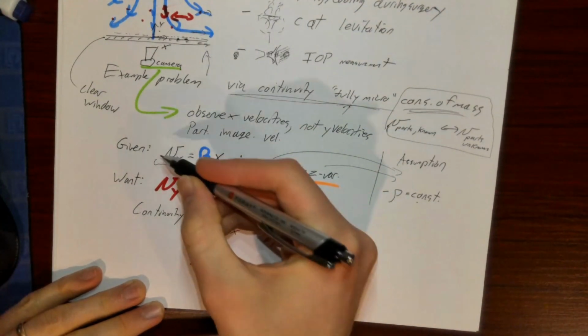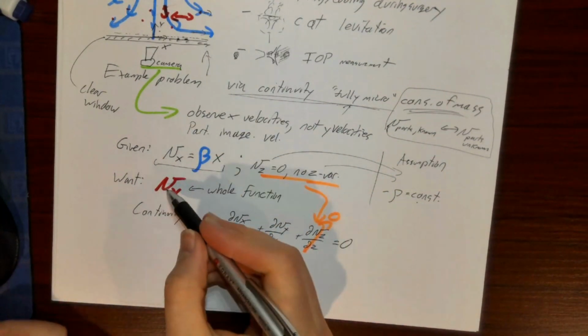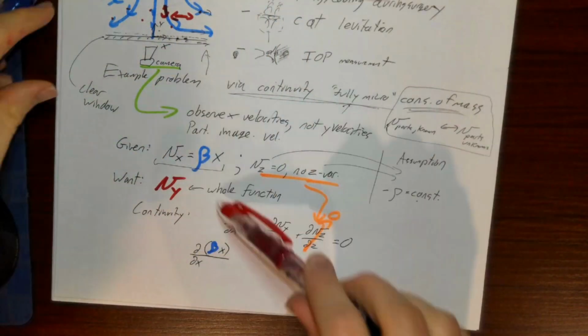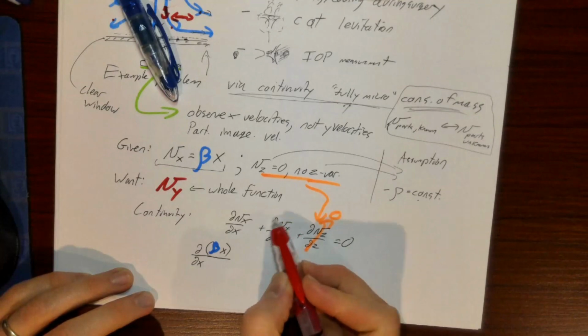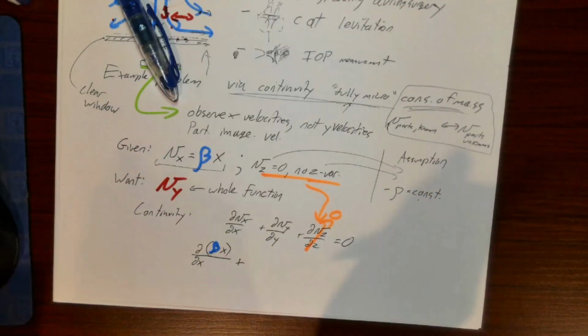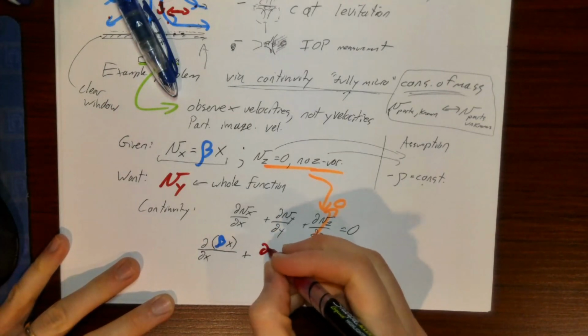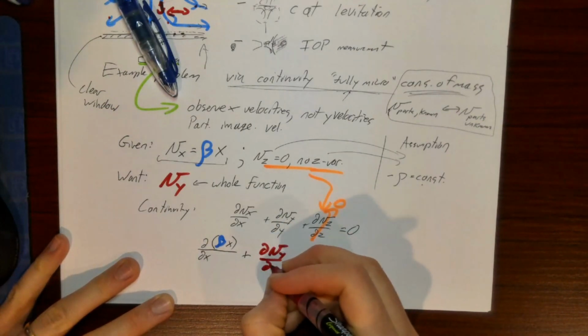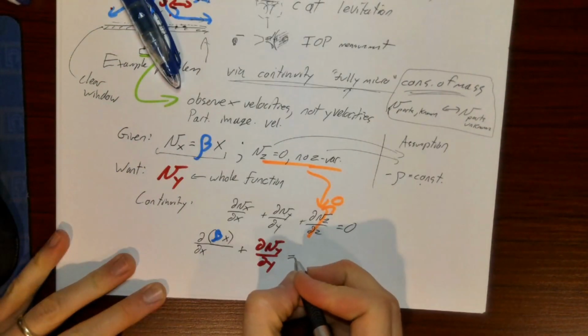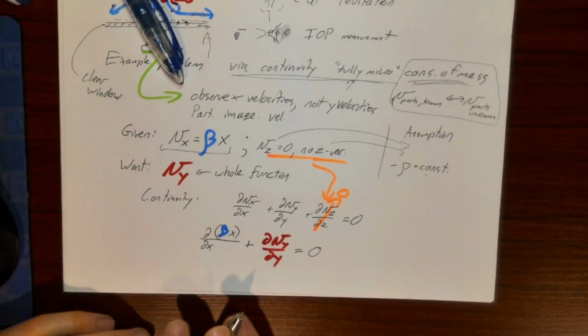We just plugged in our vx into here, and we're going to plug our vy into here. So, vy was some unknown function, so when we plug it in here, we kind of need to treat its derivative with respect to y also as something unknown, yet to be determined. So the sum of those is equal to 0.